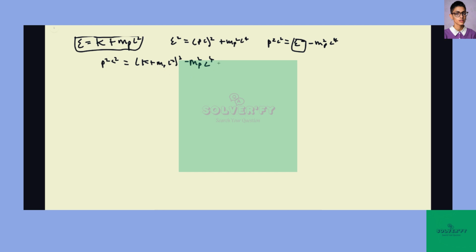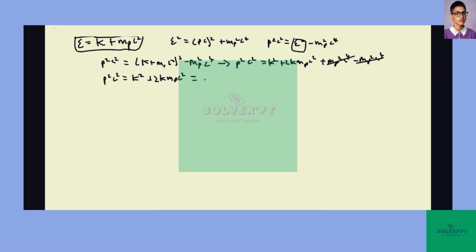So now expanding this, you get p squared c squared is equal to k squared plus 2k m_p c squared plus m_p squared c to the fourth minus m_p squared c to the fourth. All right, those cancel. So now we have p squared c squared is equal to k squared plus 2k m_p c squared.